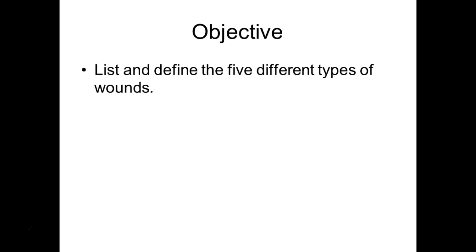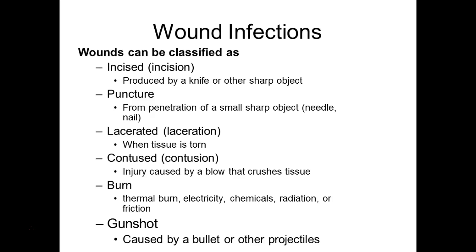So there are 5 different categories that we put wounds into. You have an incision, usually made by a sharp object like a knife or a scalpel. And this tends to be a nice, clean cut. Puncture wounds.